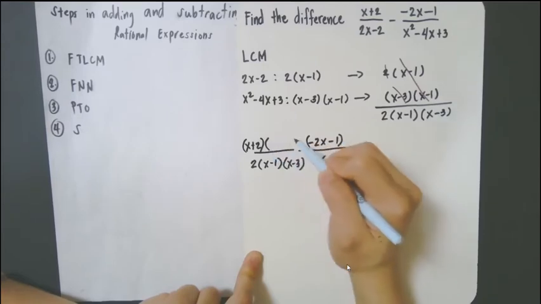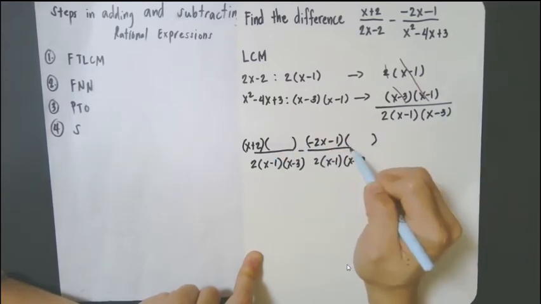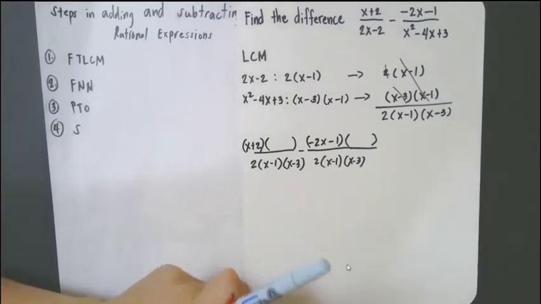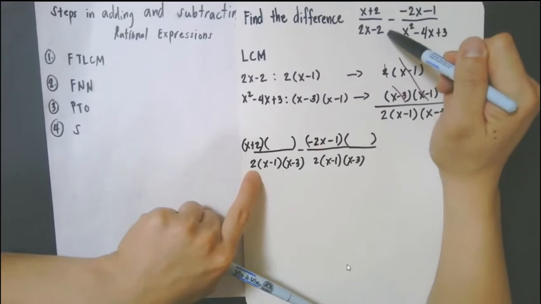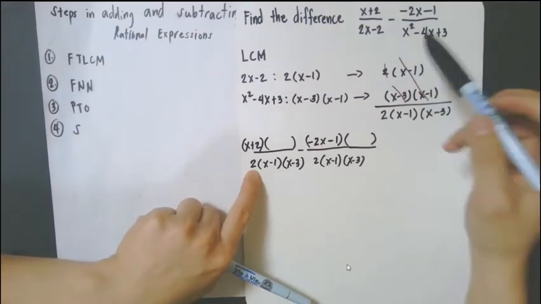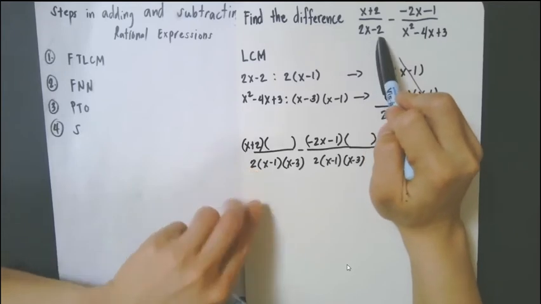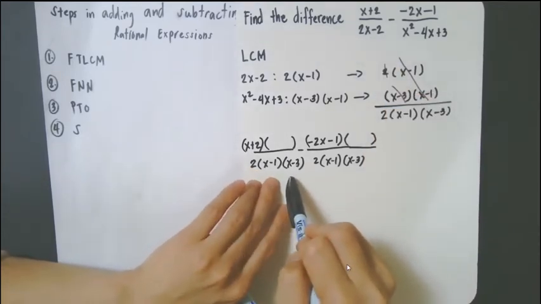Now we will multiply our old numerators by the difference of the old and new denominators. So you would compare the factors. So 2x minus 2 and here. So it seems like it's a bit difficult to compare, right?